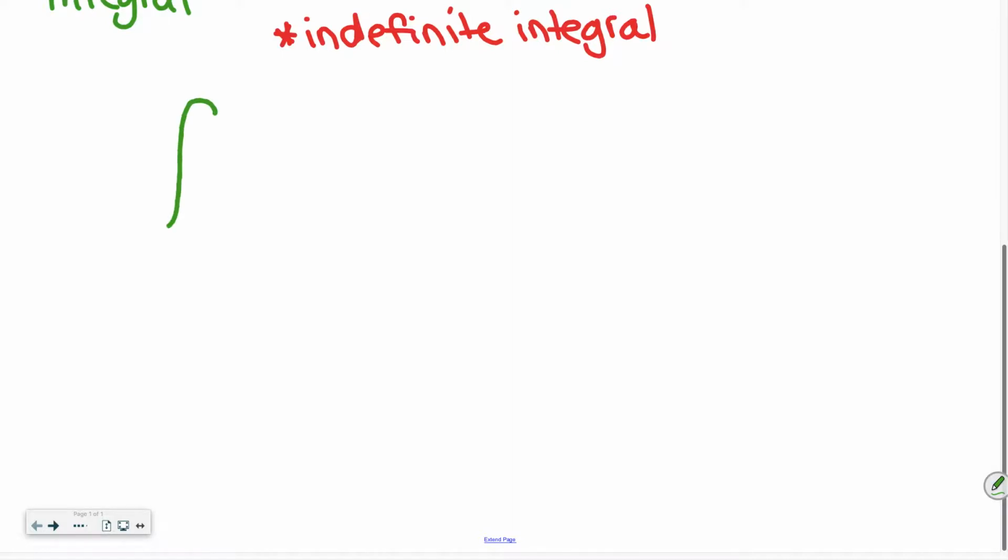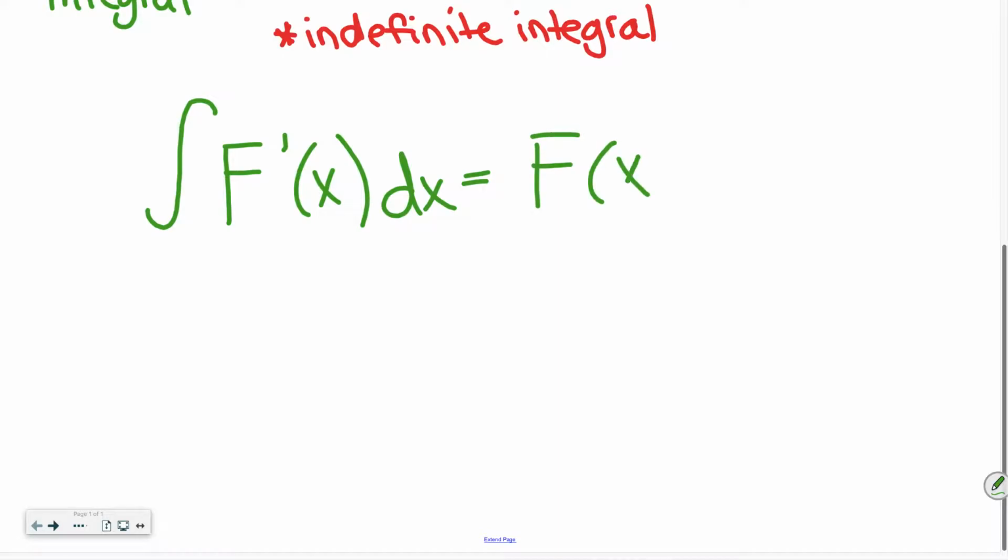If I have the integral of the derivative of f, what's the antiderivative of the derivative of f? The antiderivative of the derivative, they kind of cancel each other out, essentially.